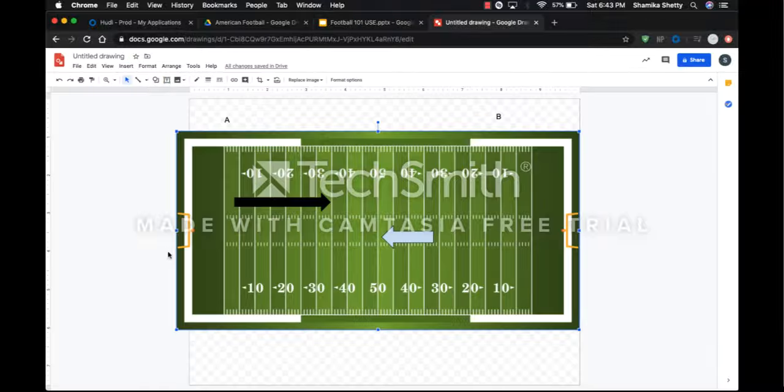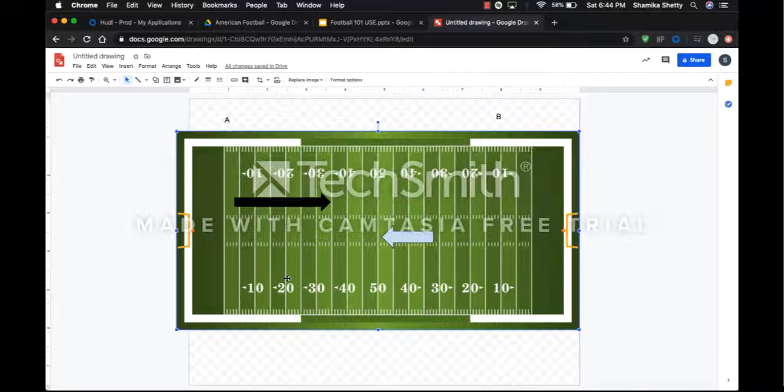So let's come back here. Suppose team A is our first team, the offensive team, starting from left to right. Now the first chance that they get after the kickoff, the team is standing on the 20th yard line. Because this 20 is before the 50th yard line, it is in the negative region.